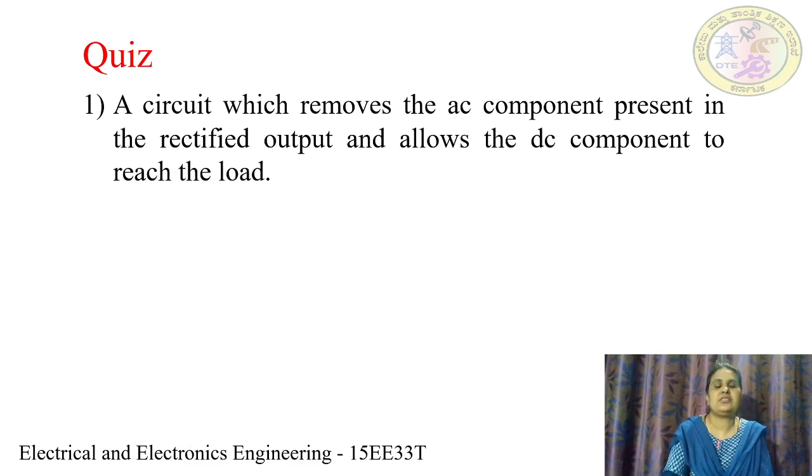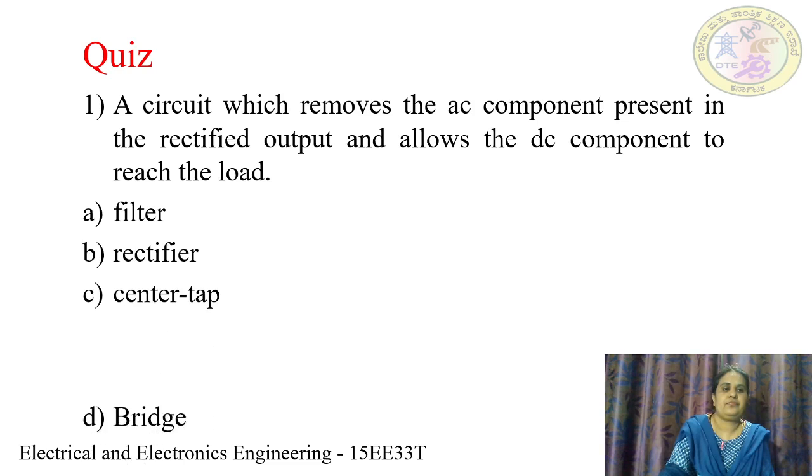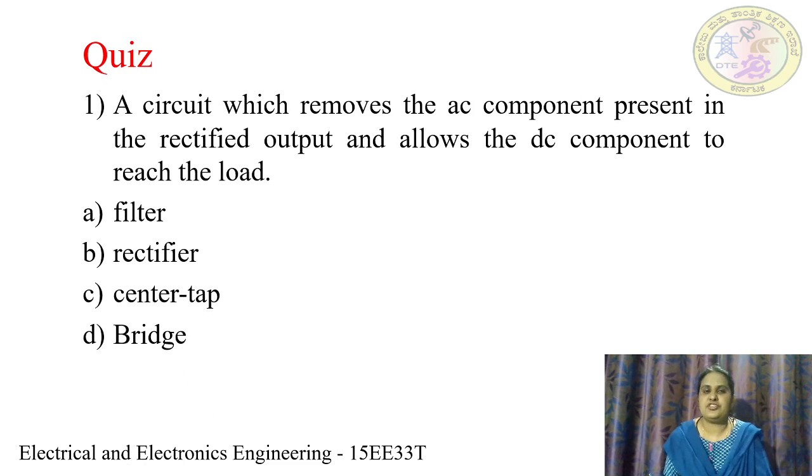So let's have a quiz time. A circuit which removes the AC component in the rectified output and allows the DC component to reach the load. See, read the question carefully. A circuit which removes the AC component in the rectified output and allows the DC component to reach the load.